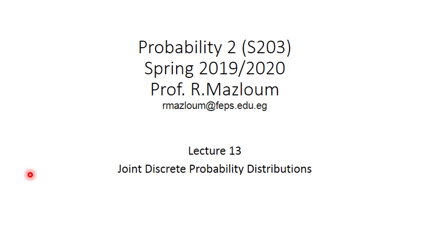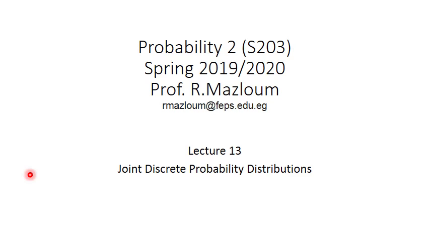So if we call the first the random variable X and the second the random variable Y, the outcomes on die 1 and die 2, and we want to study these two random variables X and Y jointly, this is what we mean by joint probability or joint random variables or joint probability distributions.